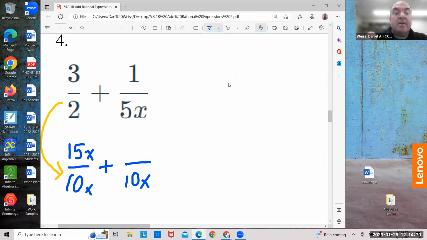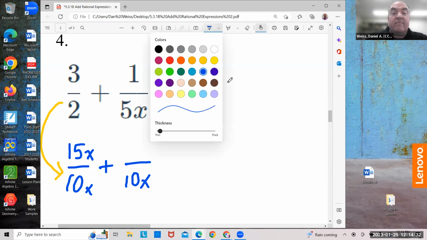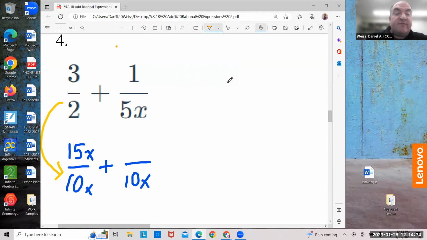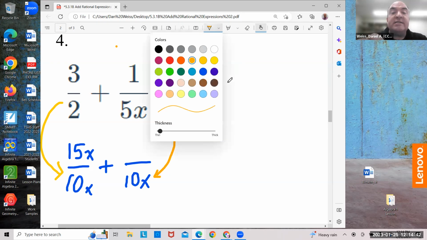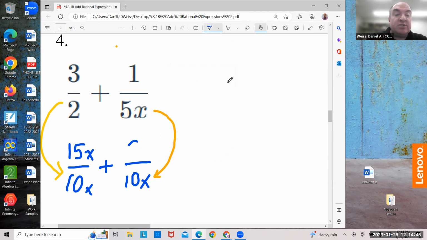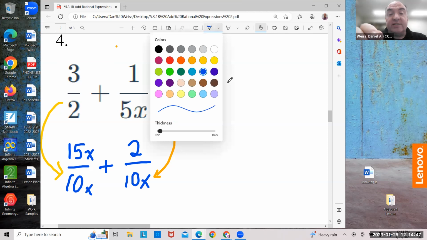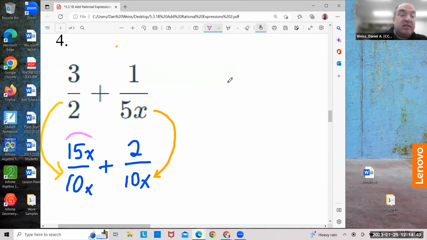All right. How about this? 5x times what makes 10x? 5x times 2 makes 10x, right? So what's 1 times 2? 1 times 2 is 2. Once again, are these two guys like terms? No, they're not.